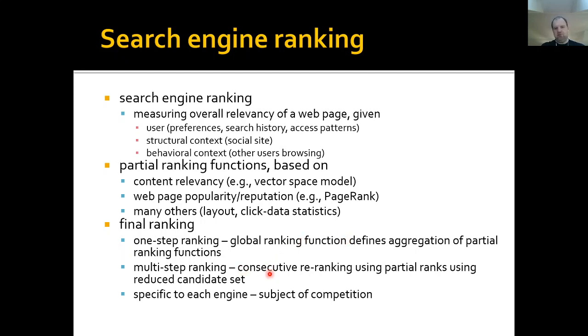Or we can do the greedy algorithm, as I said, do consecutive re-ranking of partial ranks using some changing criteria and using the ever-reducing set of candidates that came out of the previous step. And of course, there are many other specific rankings that are subject to competition, are basically disclosed.